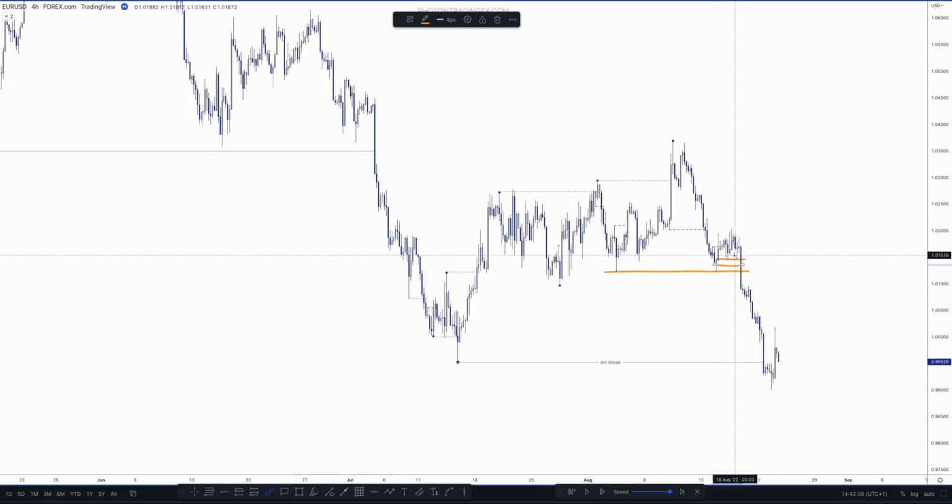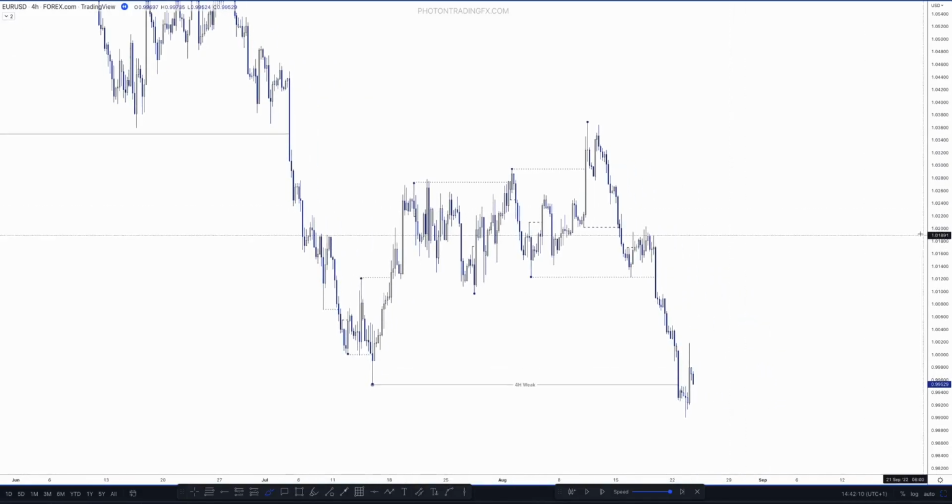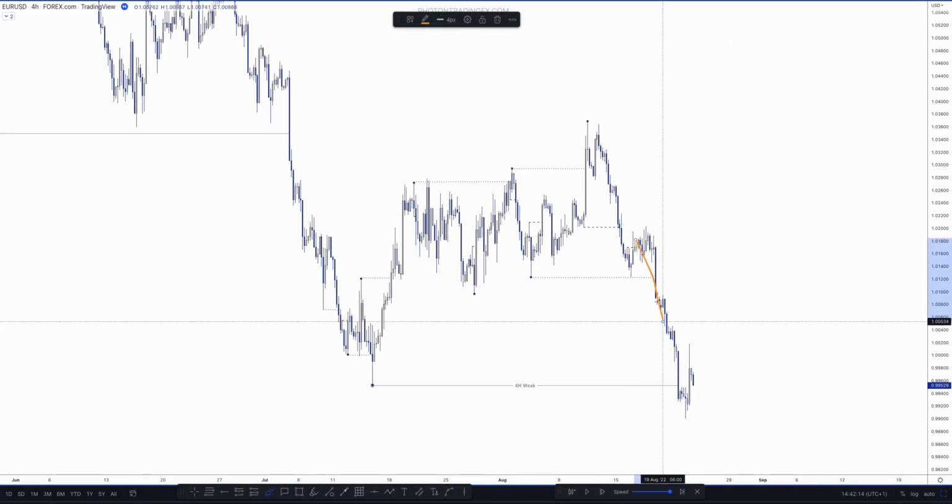So yes, I could see a trade here, and yes, it could play out, but I want to be a higher strike rate trader. I don't really want to risk my capital in these moves. So I'm just going to see what happens next. You're going to either wait for that to happen, or wait for some more development, and then maybe now I'm ready to buy, and I'll buy up here. So again, just because you have the expectation that this should be a strong low and we've had a bullish change of character, it doesn't mean you have to trade it. That's one thing I wanted to make clear.